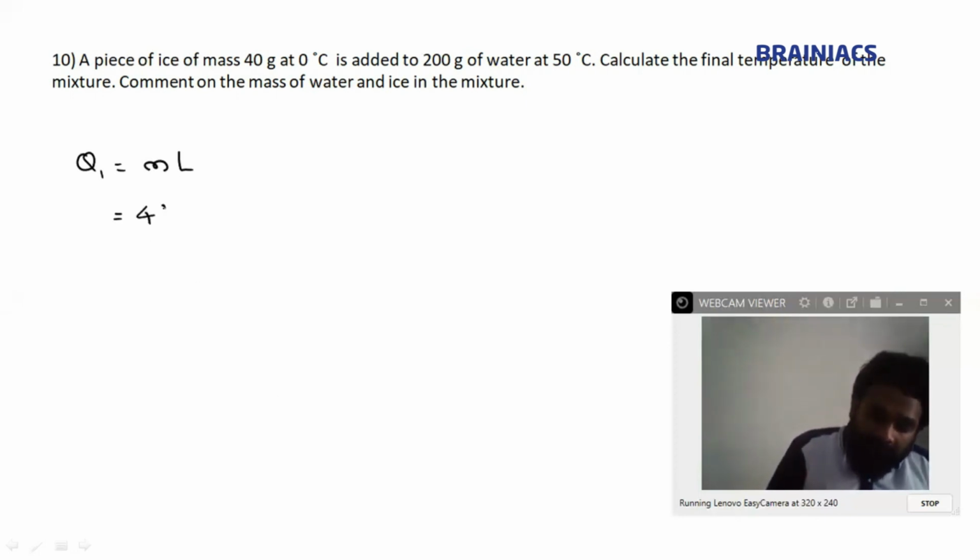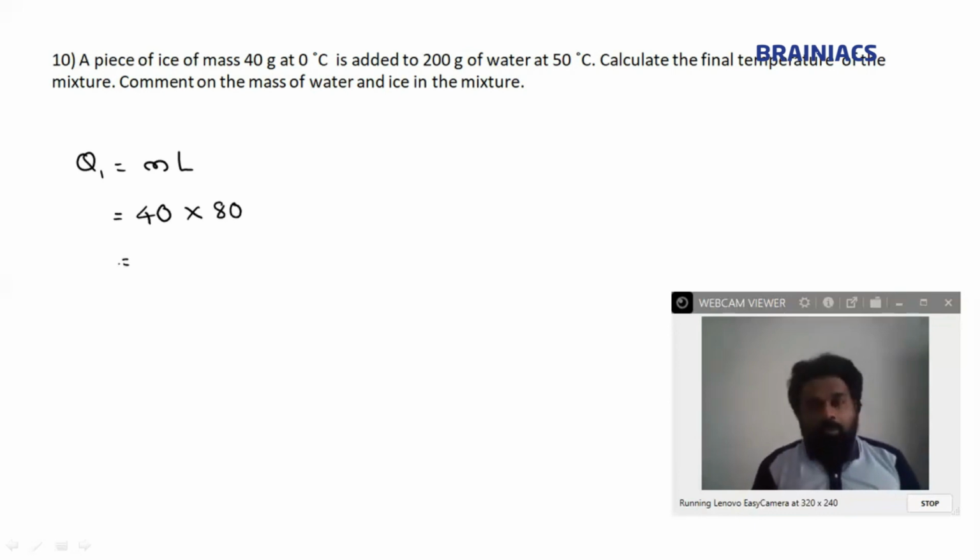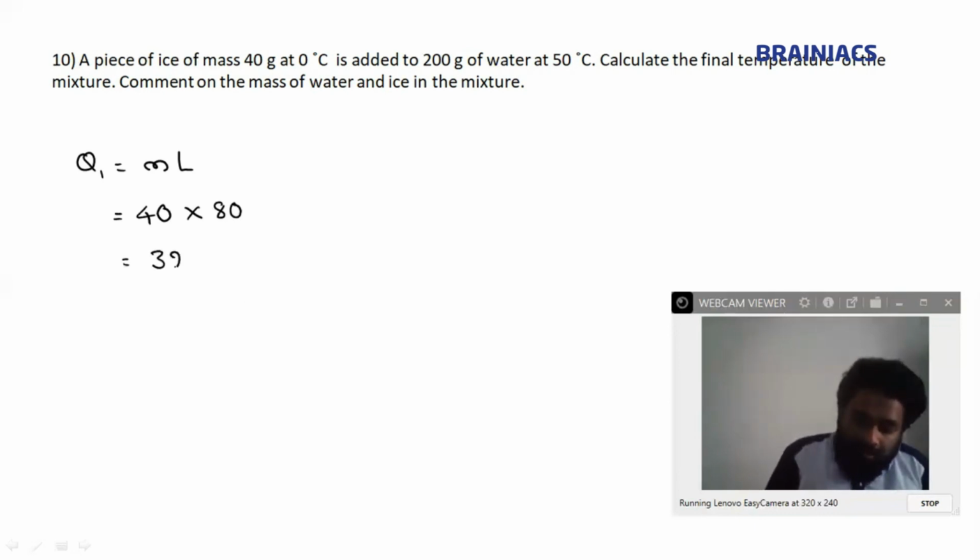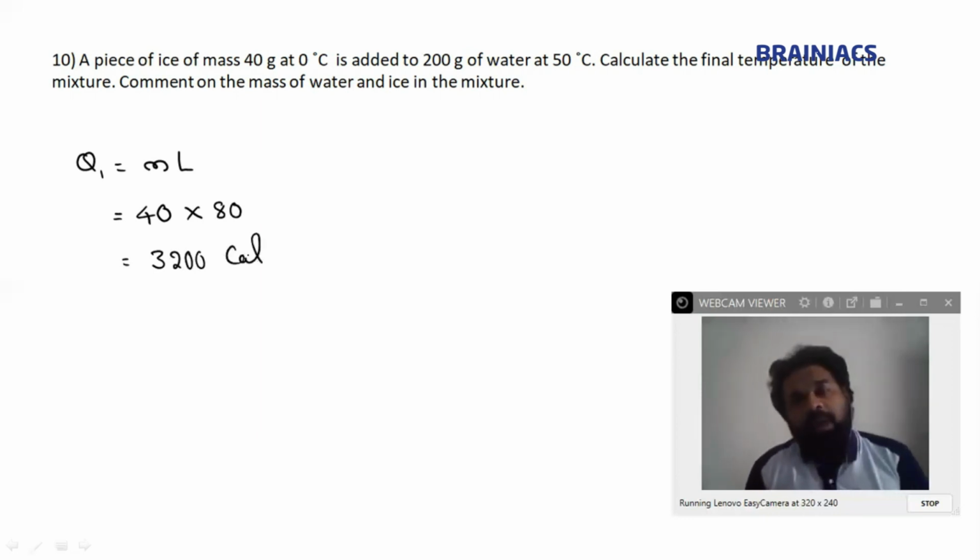So 40 into, suppose if full ice melts into water, latent heat of melting is 80. So this is going to be 3200 calorie. So for full ice to melt into water at 0 degrees Celsius, this much calorie is required.